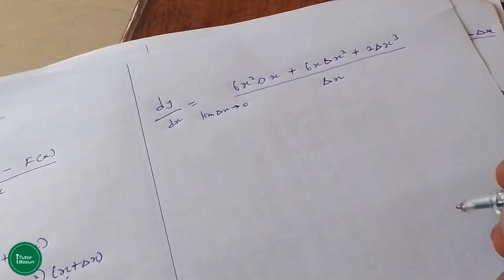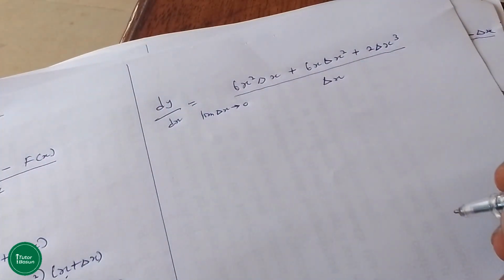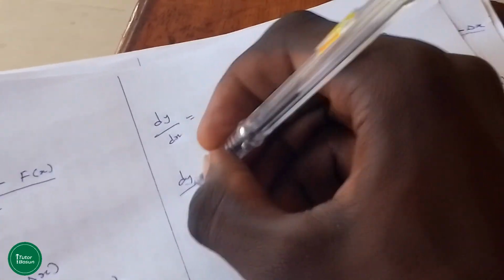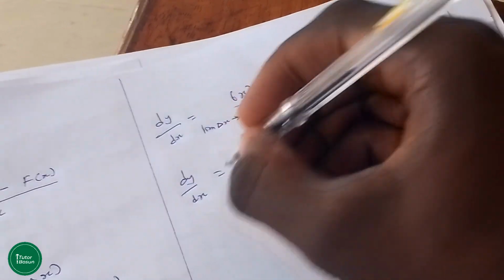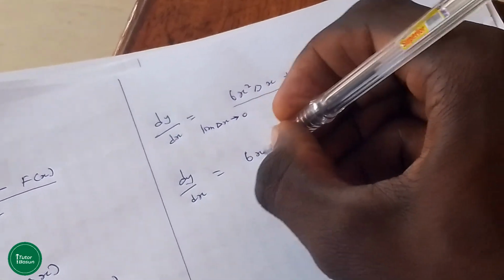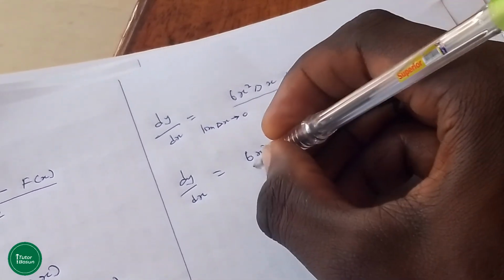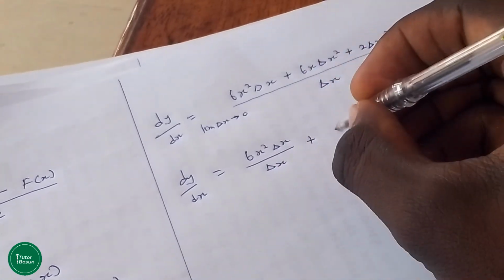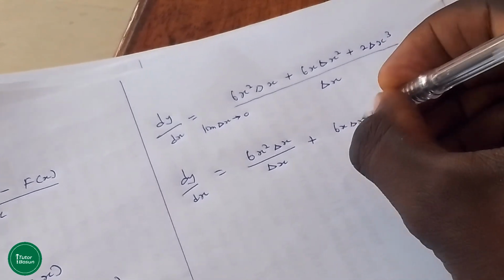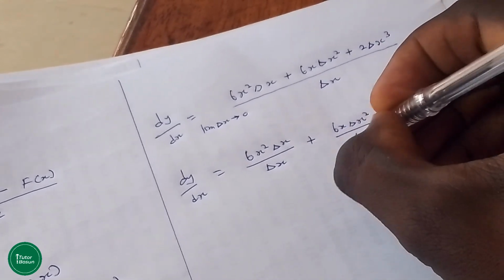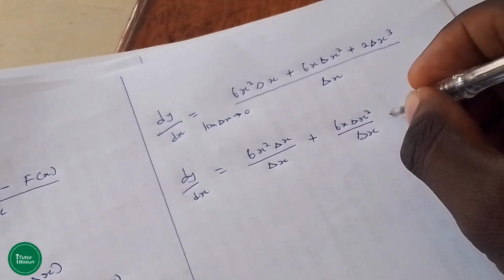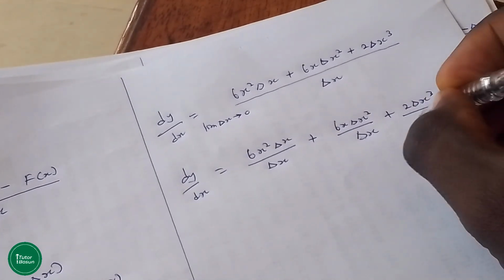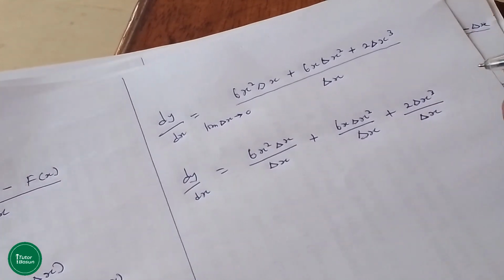The next thing is to distribute the denominator to each term of the numerator. Then we can write our dy/dx as 6x squared delta x over delta x plus 6x delta x squared over delta x plus 2 delta x cubed over delta x.